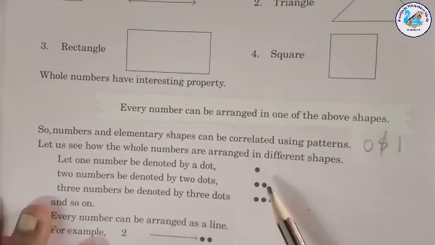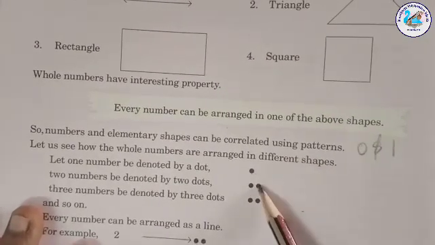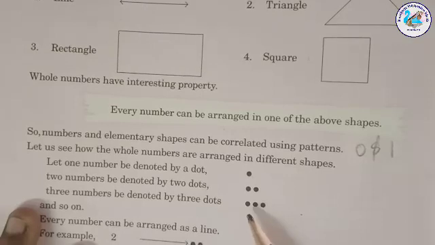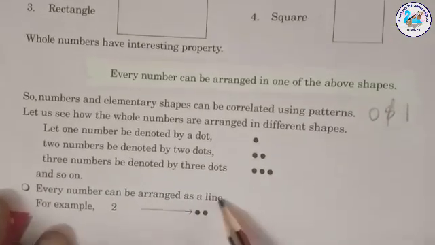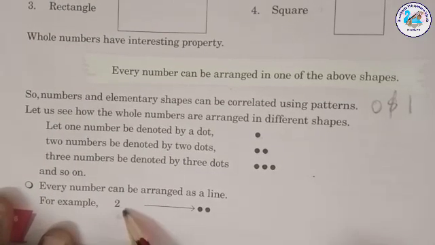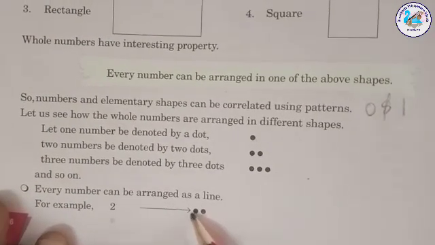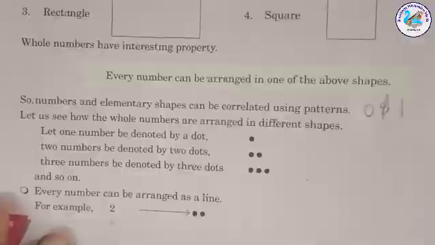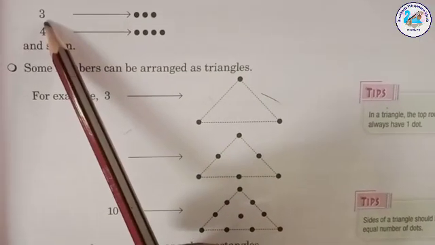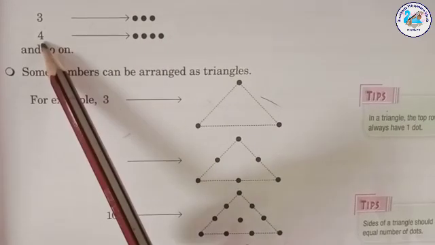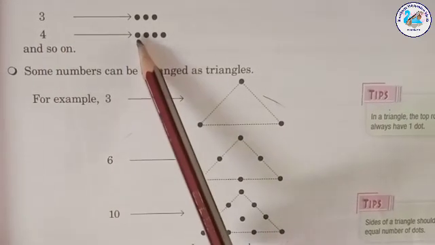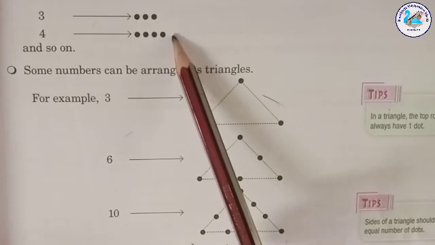The number 2 is shown as 2 dots. Number 3 is shown as 3 dots. So the number 2 can be arranged as a line using 2 dots, the number 3 using 3 dots, the number 4 using 4 dots and so on.